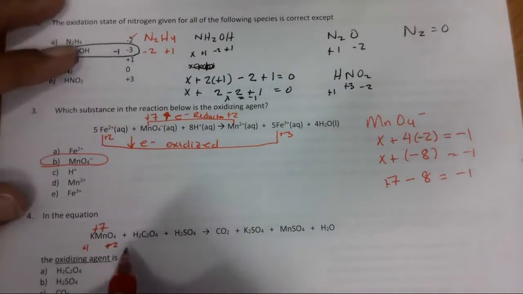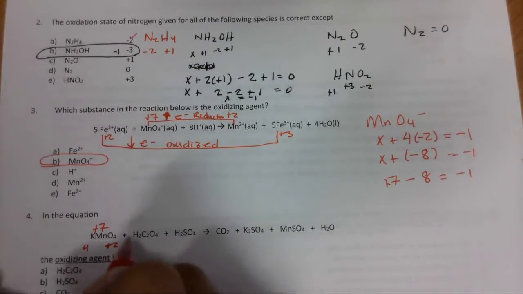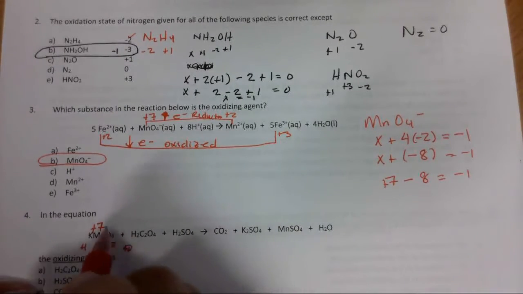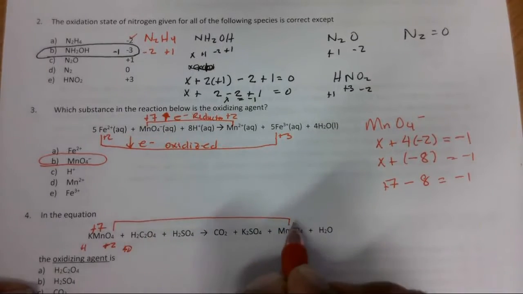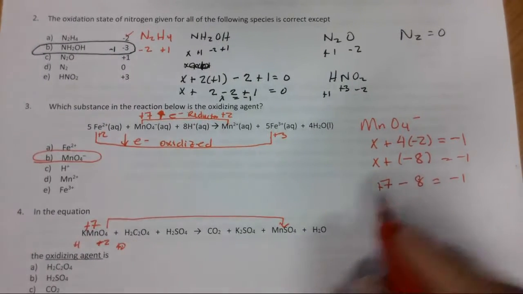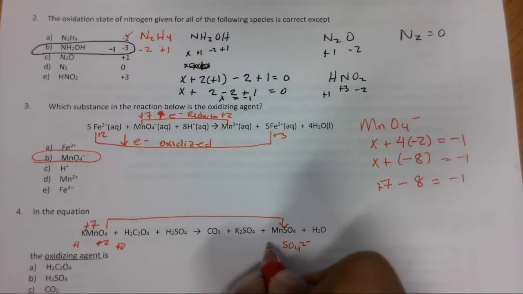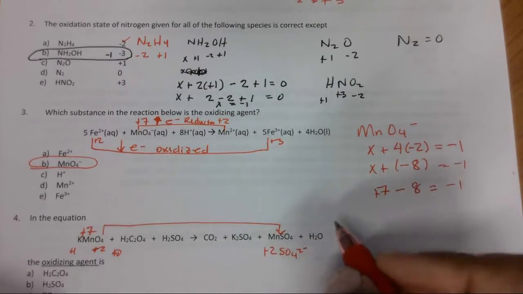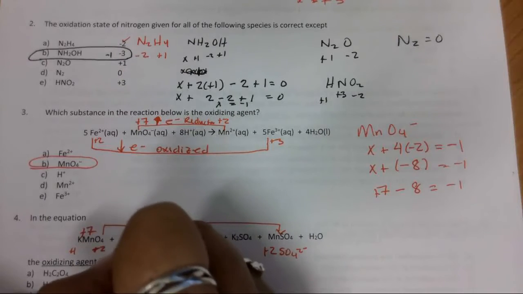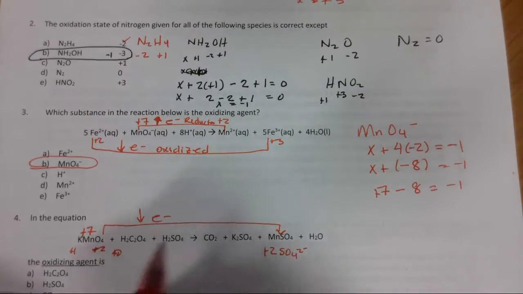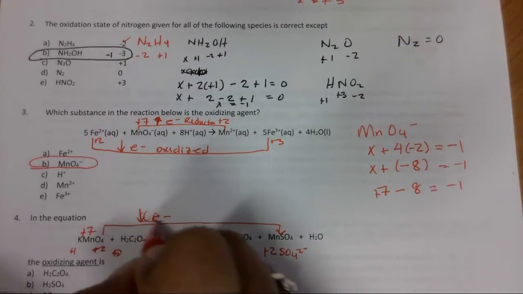And so if I do this, I'm not going to do that. I'm going to go over here to the other one. And what is this one? Well, if I look at SO4 2 minus, remember our polyatomic anions, then I know that this guy has to be a +2. Okay, so what's happening here? I've got a gain of electrons.